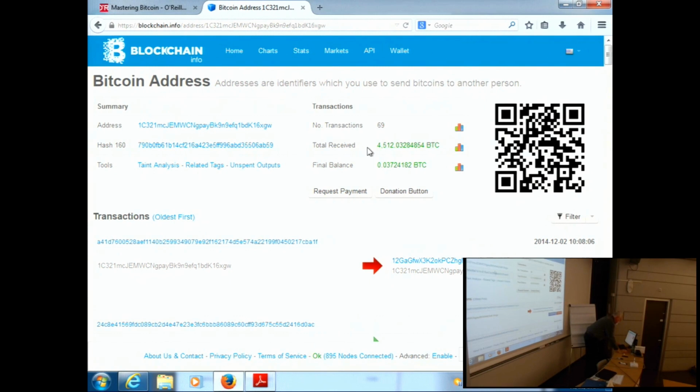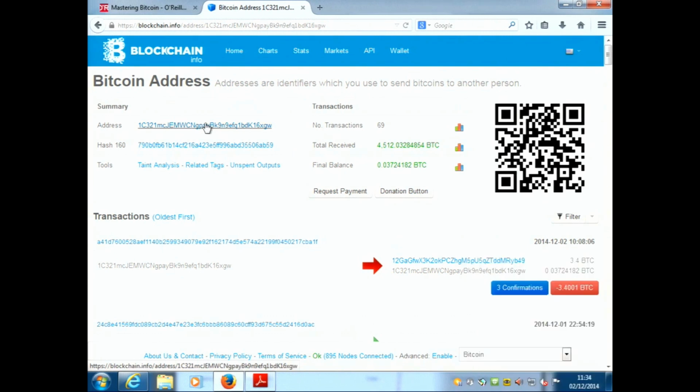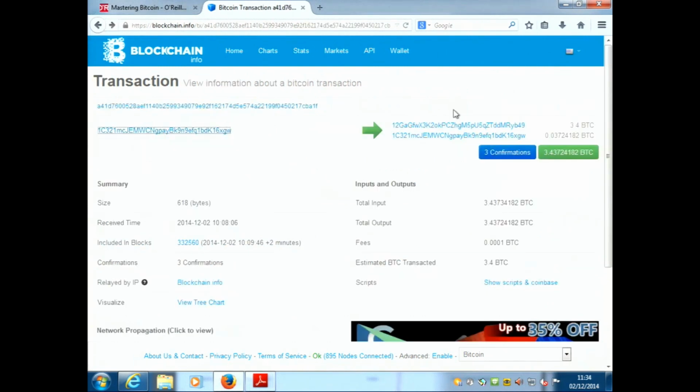And it includes, like I said, the hash of the public key of the recipient. So this is the address, up here. This is the address the Bitcoin was sent to the last time. And with that public key, you have to send it over to the recipient.